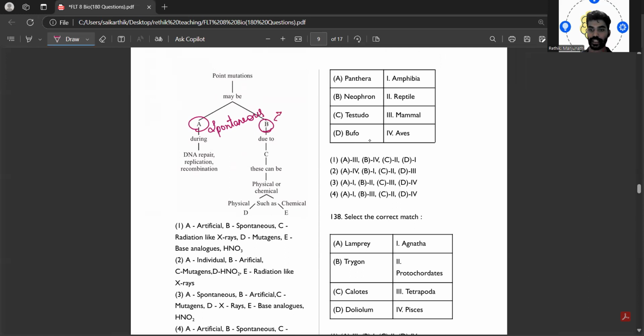What about B? It will be artificial. What about C? It will be detergents. D will be X-rays. E will be analogous. So according to this, what would be the correct option? Option 3.